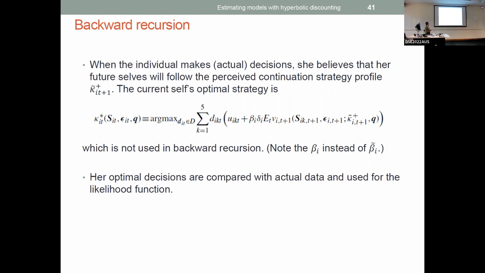And the current self's optimal strategy, I can write it as kappa star IT, which is not used in the backward recursion because the actual present bias factor is not necessarily the same as the perceived present bias factor. So here, instead of beta tilde delta, you get beta times delta. And this is used in the likelihood estimation.